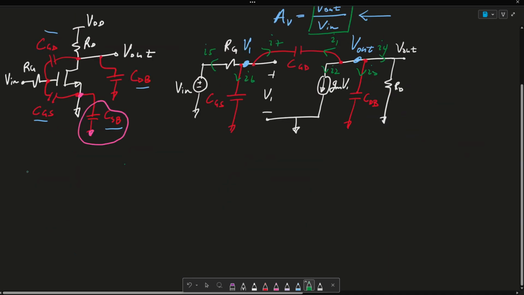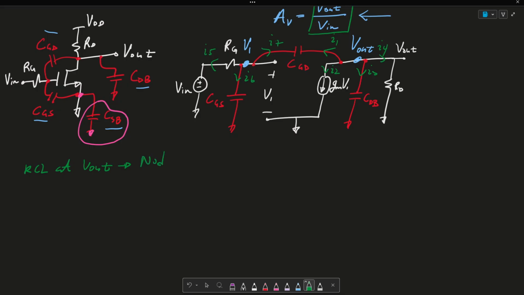So the first thing I'm going to write is the KCL at Vout. Again, this is essentially nodal analysis, which says then that I1 plus I2 plus I3 plus I4 must equate to 0, or that all my currents leaving the node have to equate to 0.